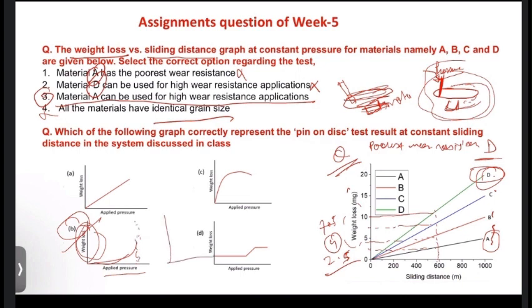See, this is the plot. Weight loss is increasing, which means it has completely worn. It has completely failed the wear test. Okay, after this pressure. This is the correct option.